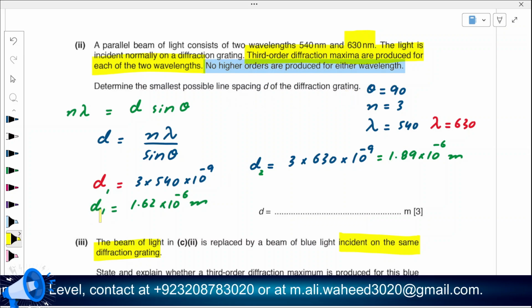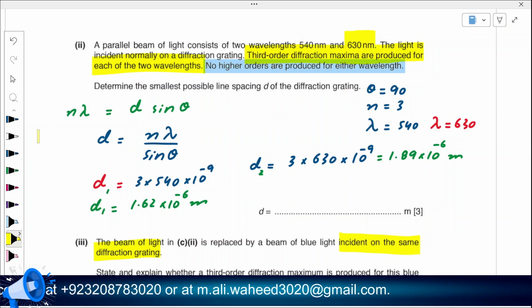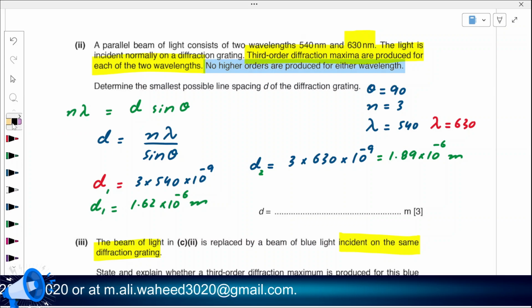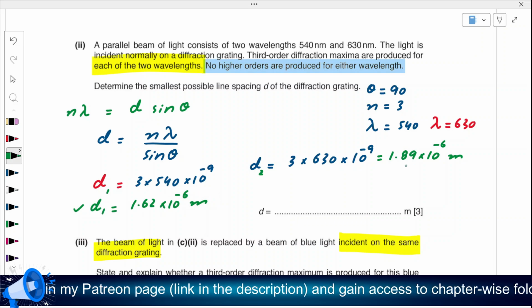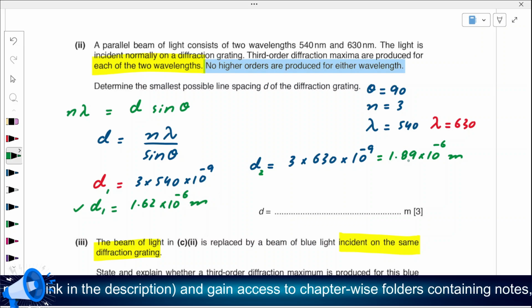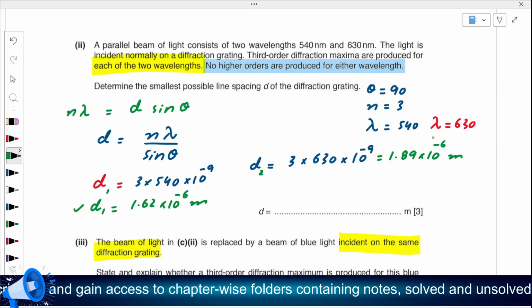So we found the value of d using the first wavelength, we found the value of d using the second wavelength, and it turns out apparently that the smallest value of d is this one, 1.62 into 10 raised power minus 6 meters, or should I say 1.62 micrometer, and the other one was 1.89 micrometer.